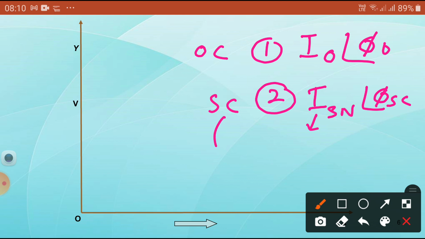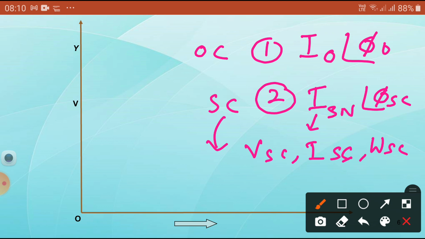From the SC test, I know VSC, ISC and WSC. When the rotor is blocked and we supply the motor, whatever power is consumed is dissipated in the form of copper losses, because the mechanical losses are zero, plus some amount of iron losses. So this gives the total copper losses.